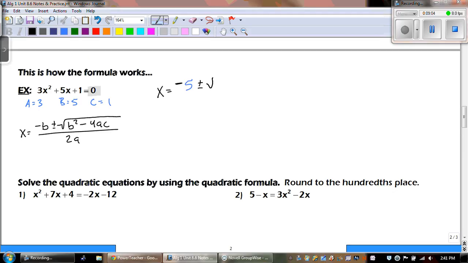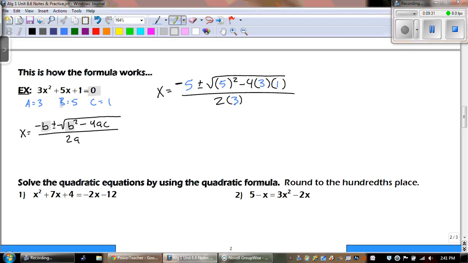Plus or minus the square root. Now, I'm going to put parentheses in here of b squared minus 4ac, all divided by 2a. And there we go. Okay?